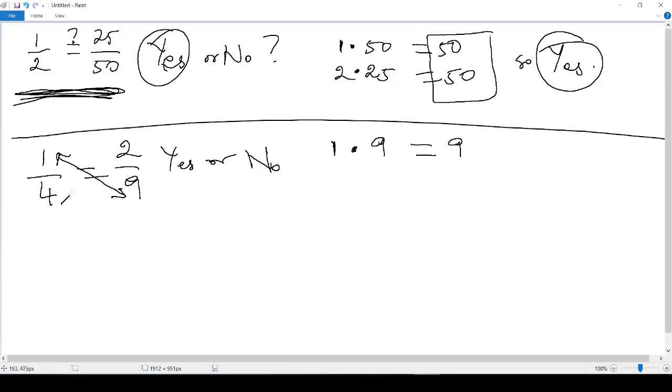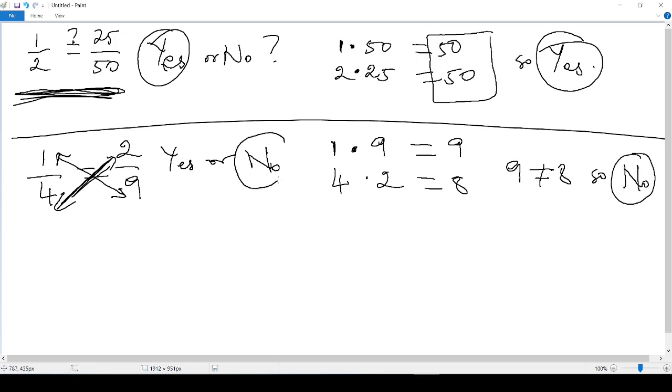We do the same thing for this one. 4 times 2 equals 8. Here we have two different results. 9 is different from 8. So no, these two fractions are not equivalent, right?